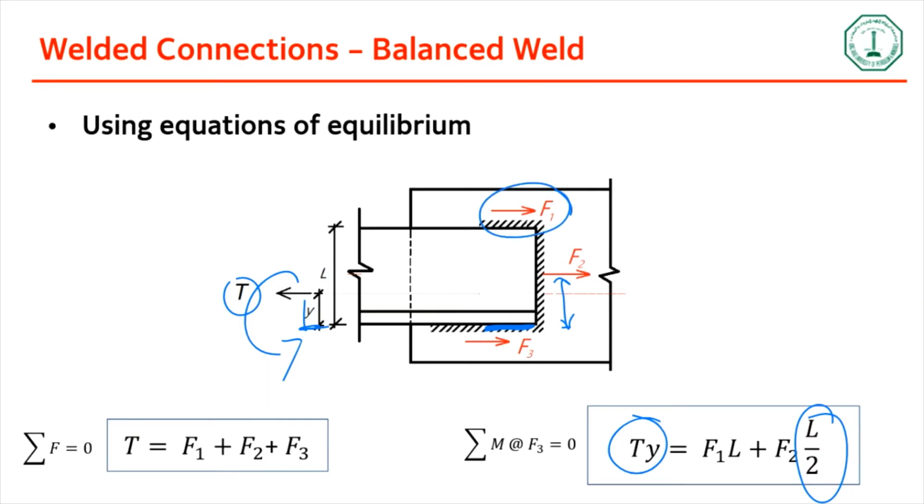So you have F1 times L plus F2 times L over 2, which is equated to T times y. You have two equations and two unknowns, and from that you solve. You see that this length is known, but these are the two unknowns. We'll call them L1 and L2, or L3 and L1, whatever, and then we solve that and get the values. That is regarding balanced welds.